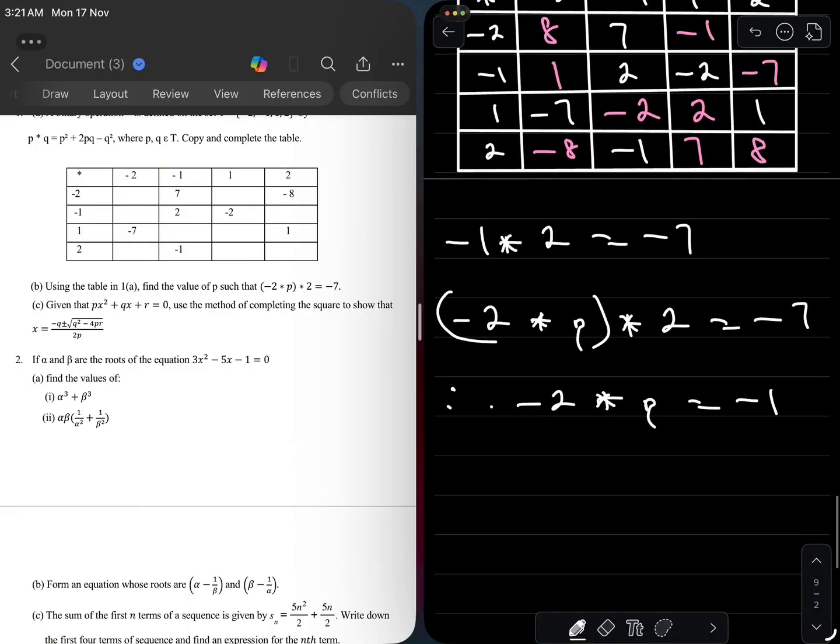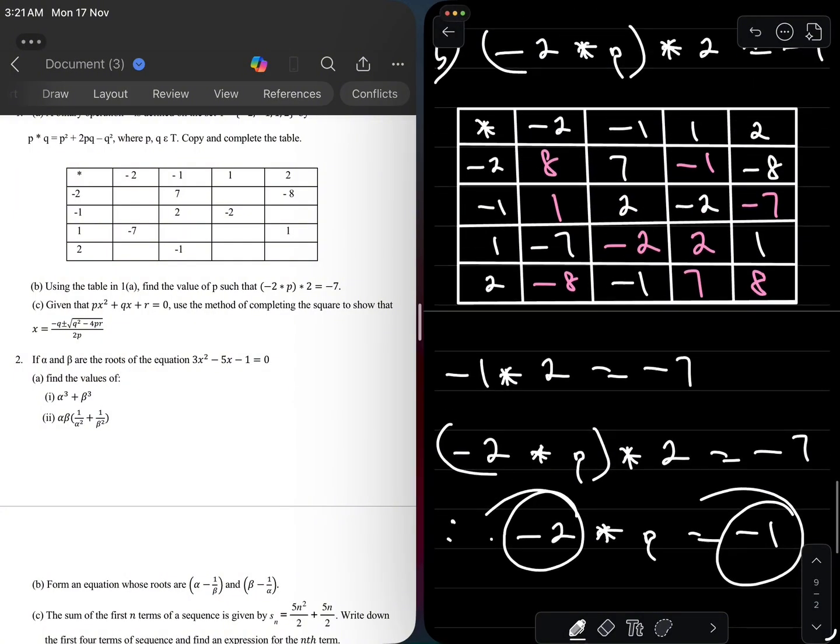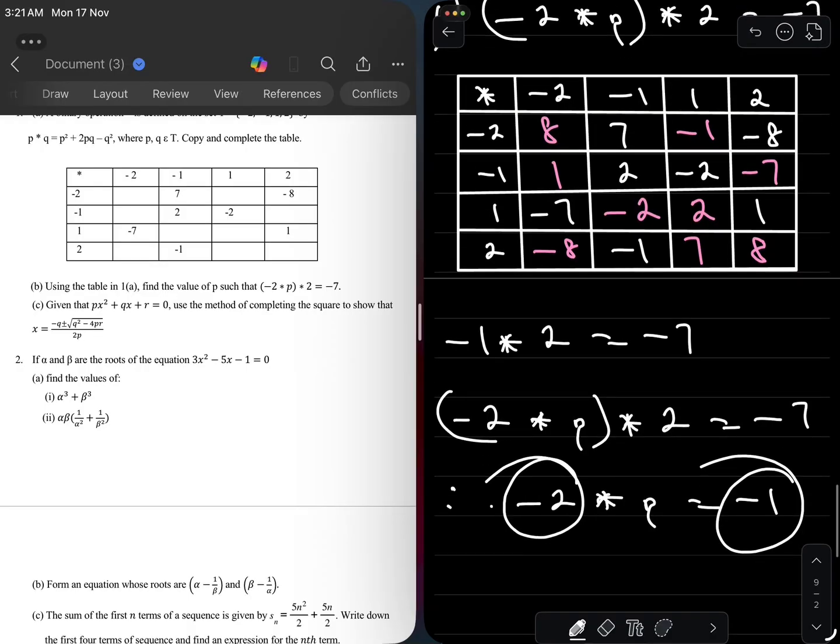Now we go to the table again and check what we need to combine minus 2 with to get minus 1. So let's go to the table. What do we combine minus 2 with to get minus 1? This is minus 1.